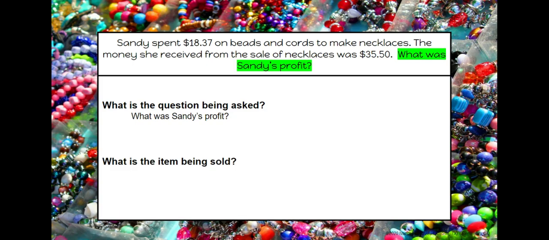Now, what is the item being sold? What is Sandy selling to make a profit? Necklaces. So Sandy is selling necklaces. Well, first she's making necklaces, then she's selling necklaces, and I have to figure out what is her profit.